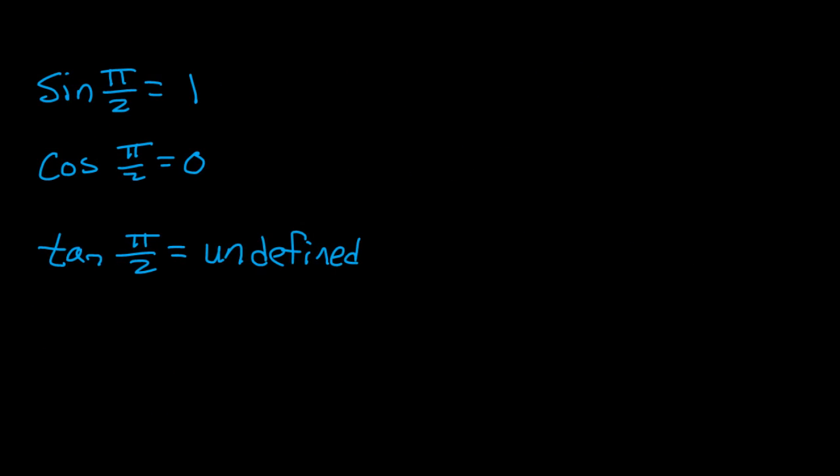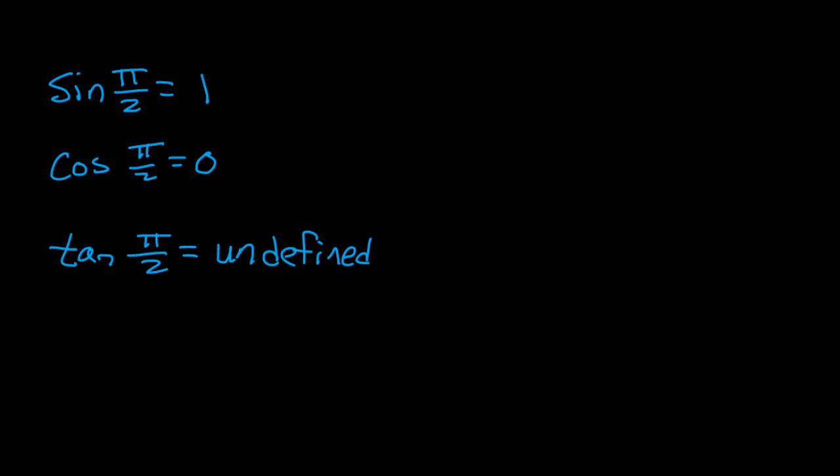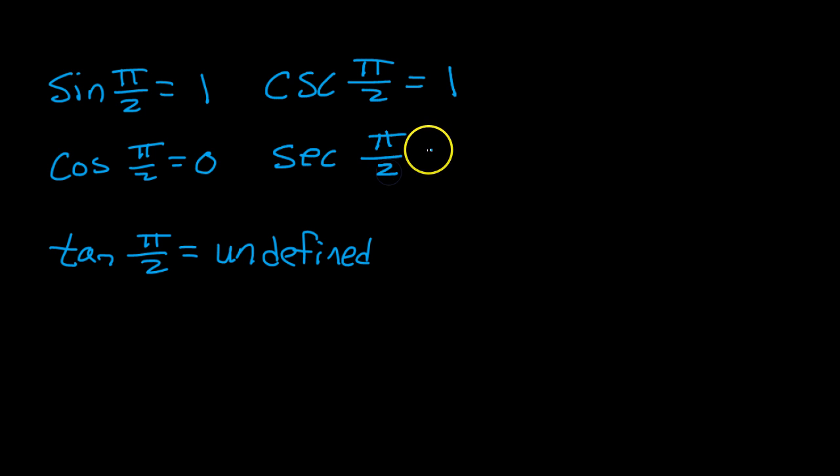So let's talk about the reciprocal trig functions. So the reciprocal of sine is going to be the cosecant function. So cosecant of pi over 2. All right. Now the reciprocal of 1 is just 1. Okay, so there you go. Now the reciprocal of the cosine function is a little trickier. We're talking about the secant function, so the secant of pi over 2.